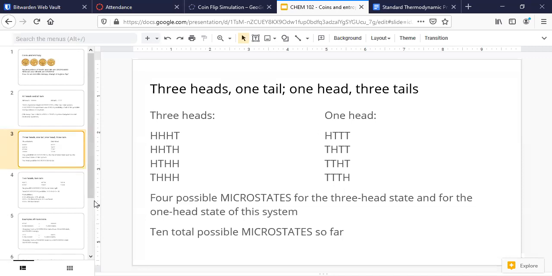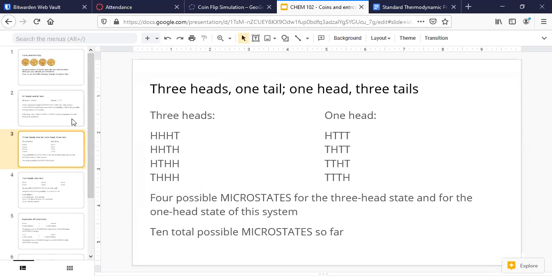Again, the 1-head state has 4 possible microstates. And so for this 4-coin system, what I've accounted for in these first 2 slides are 10 total possible microstates.